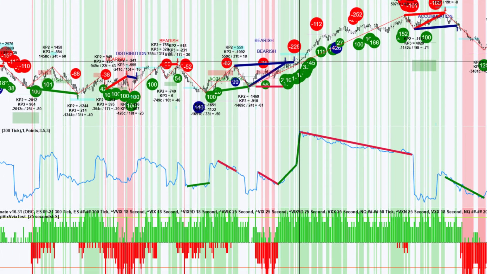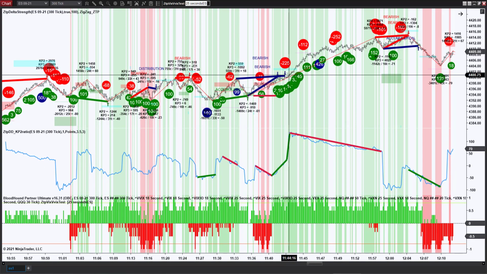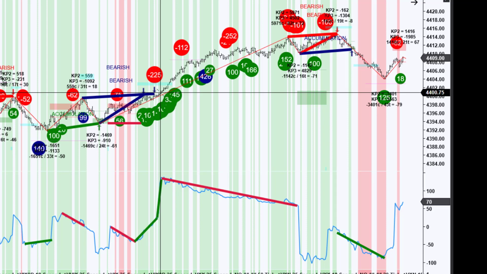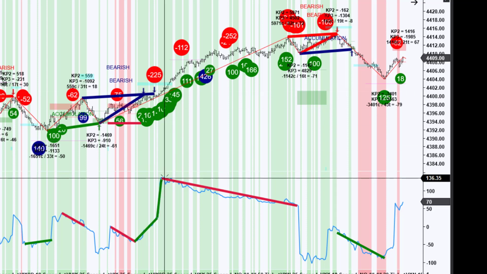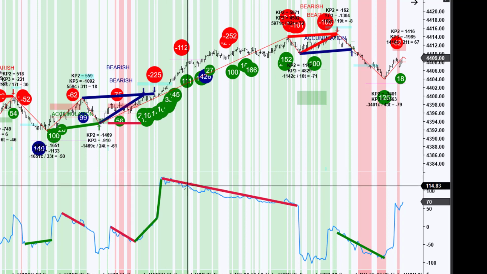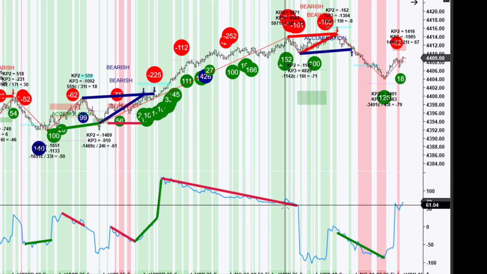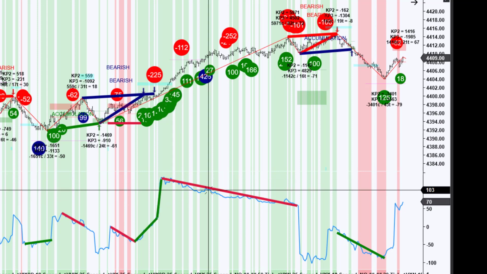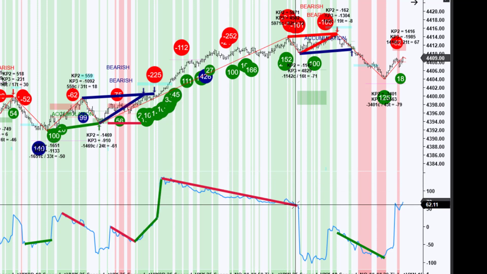However, this is the point right here where sellers basically gave up and began pulling their limit orders. And when they begin pulling their limit orders, what happens? The ratio then goes down. Price and ratio are no longer in sync, and that is why I've marked this red here.